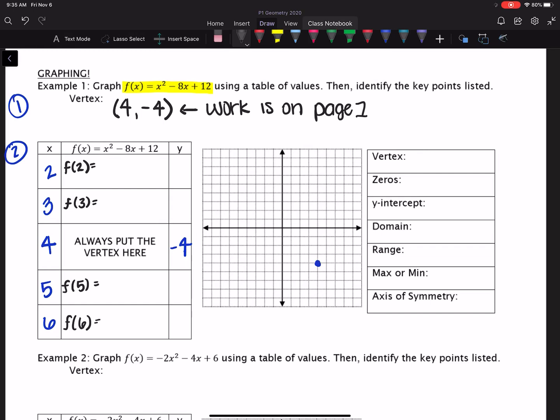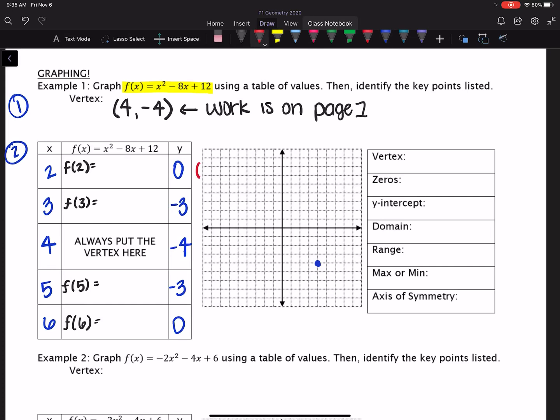For the sake of time on this video, you can pause it here and calculate all of these to get your y coordinates. Once I evaluate each of those in this function, I'm going to get my y coordinates.